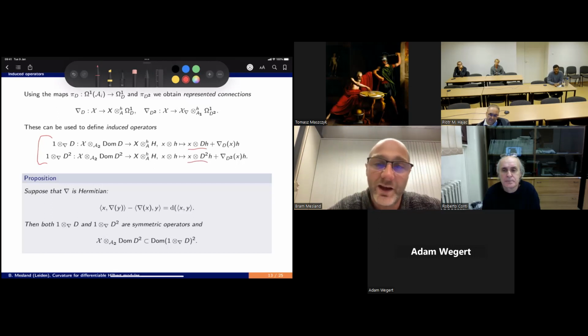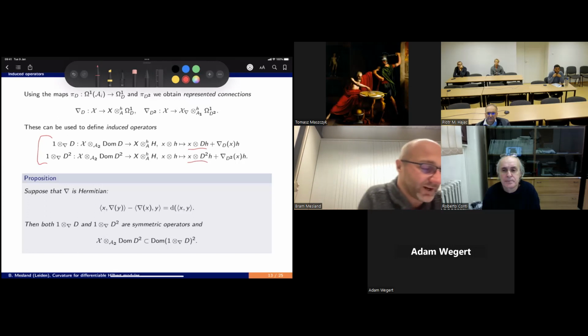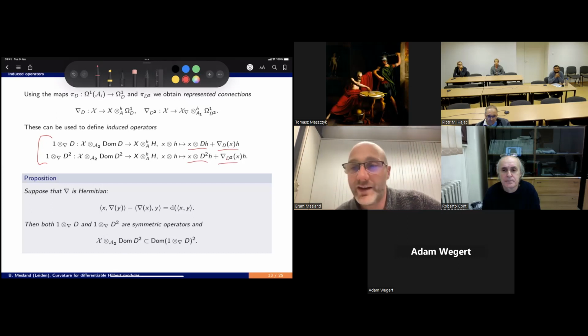So if you put the A on the X or on the H, because D doesn't commute with the algebra, that term is not well defined. But if you add a connection term like this, or in this case like this, then the error gets compensated for by the Leibniz rule, and these become well-defined operators. That's again something you can check algebraically.